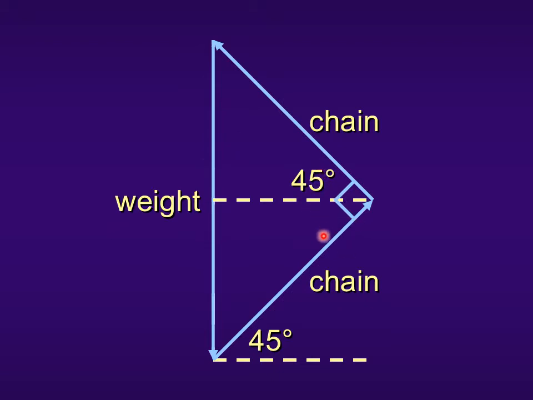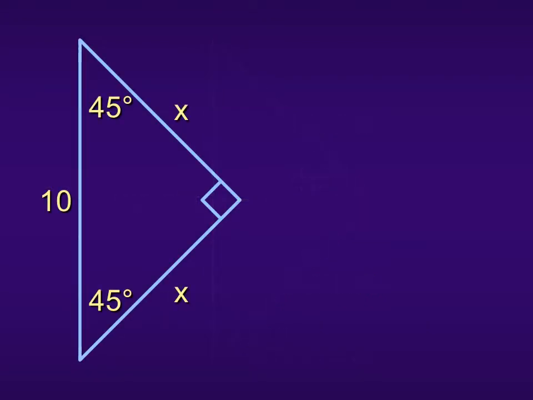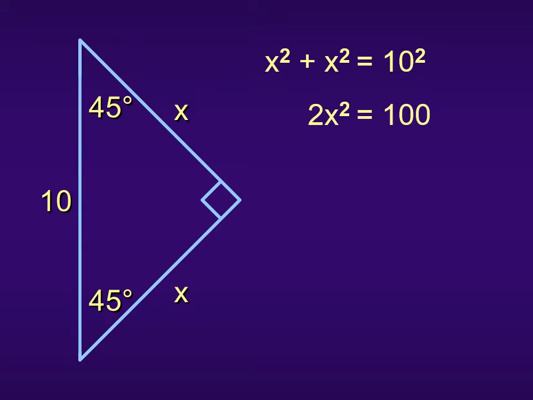The whole thing is 90, but this half of it is 45. So we have a force of x on this side and a force of x here. Since this is a 90-degree angle, we have x squared plus x squared equals 10 squared. x is approximately 7.07 pounds.